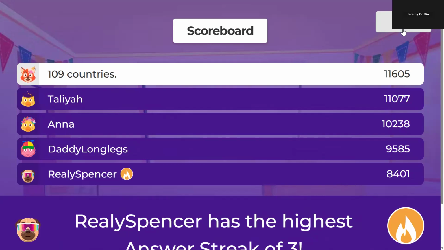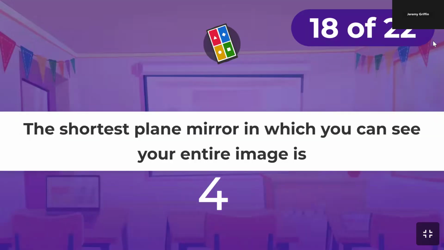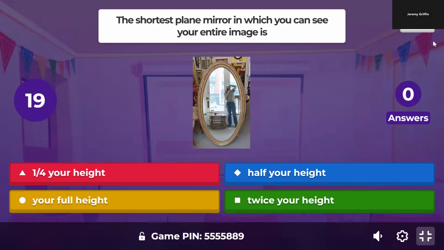Oh, we got Really Spitzer, Daddy Longlegs, Anna, Talia, 109 countries. Who remembers this one?